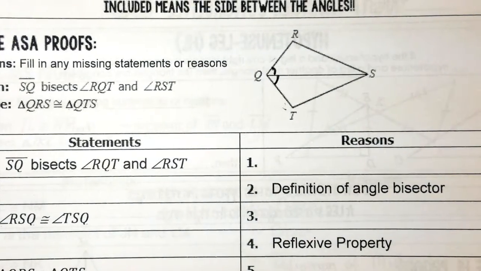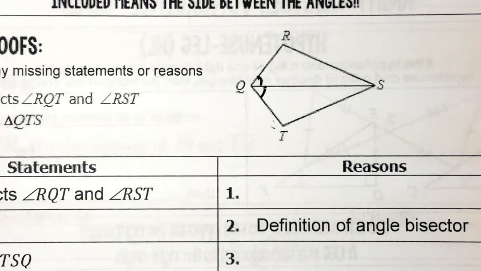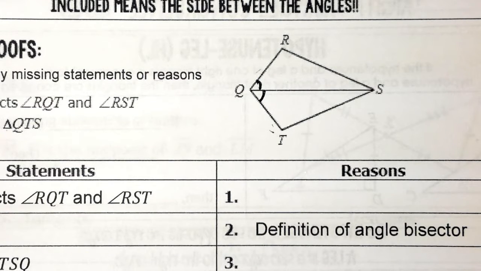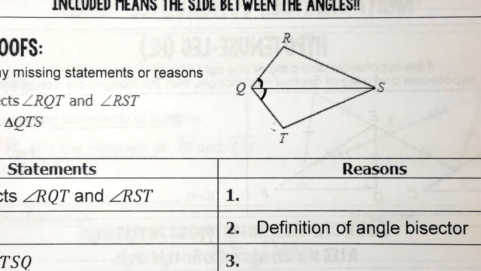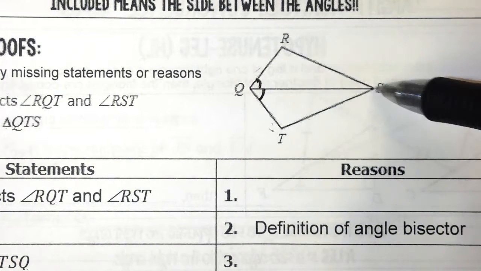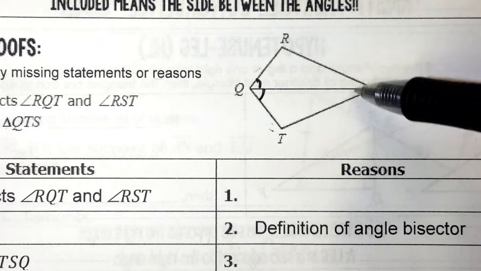And I stagger it a little bit too, so you can see that I'm marking two angles congruent to each other. I stagger my markings like that on purpose. Then on the other side, it said SQ also bisects angle RST, the big angle over here.